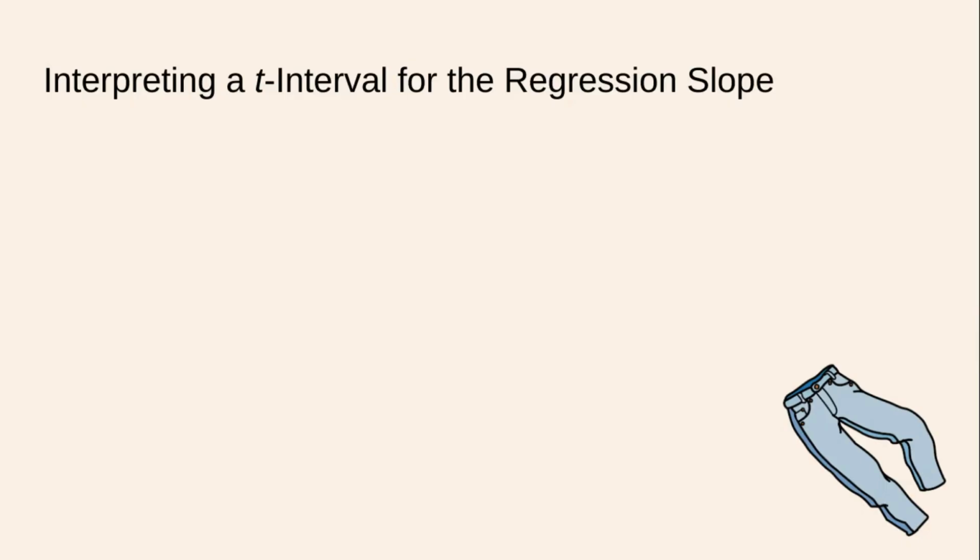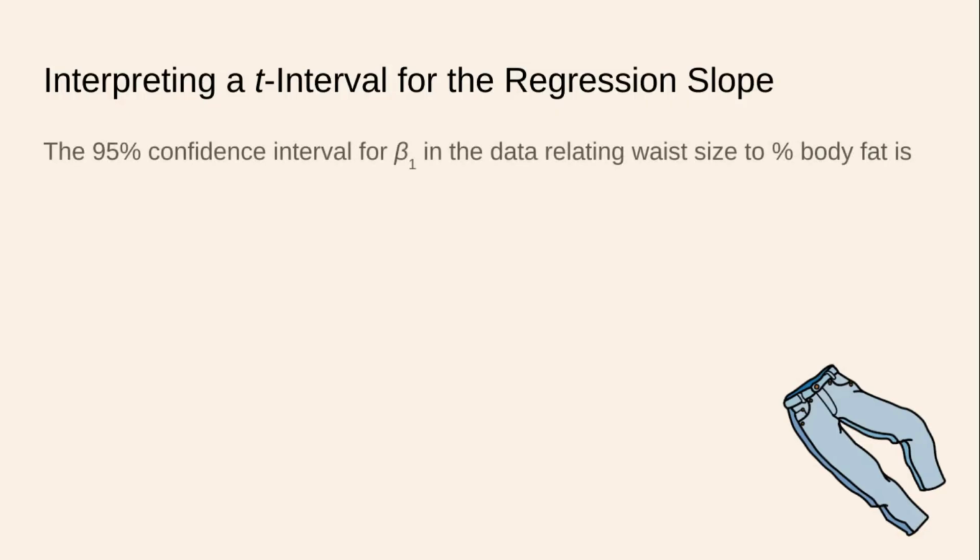So here we go. We are going to be interpreting a t-interval for the regression slope. The 95% confidence interval for beta 1 in the data relating waist size to percent body fat is this. All right? We have our point estimate, 1.7.